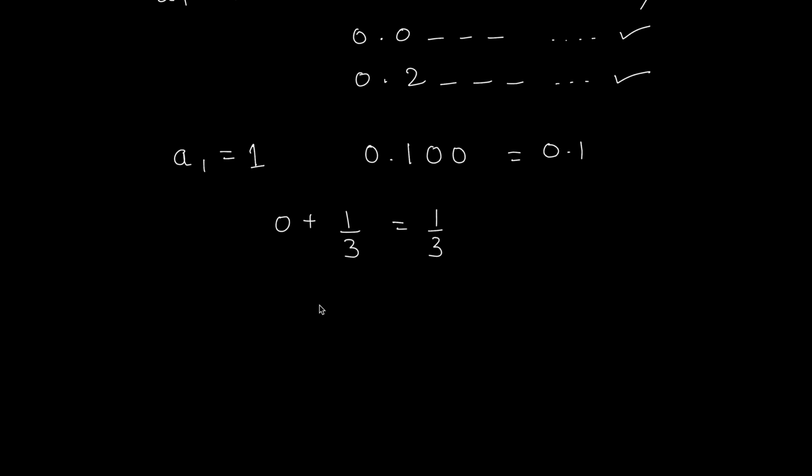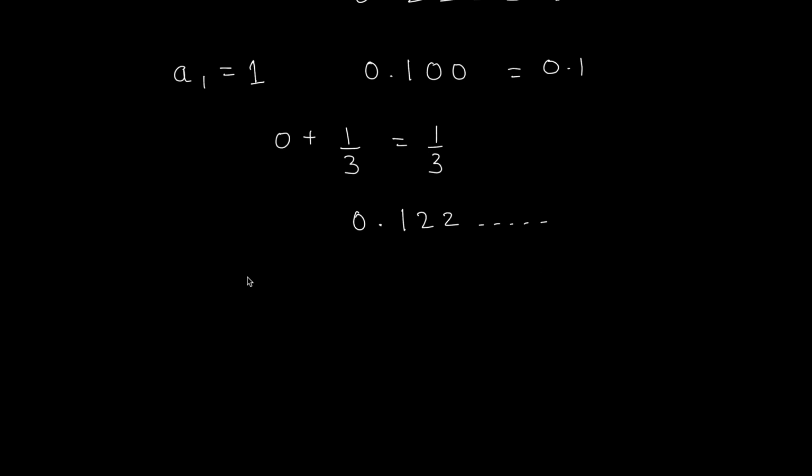Similarly, the largest number is 0.1 with the rest of the digits all 2, which is 1 by 3, the first term, then 2 by 3 square plus 2 by 3 cube and so on.